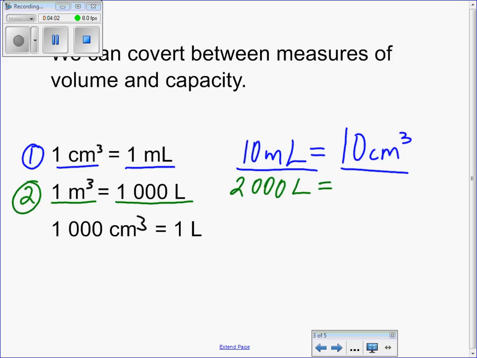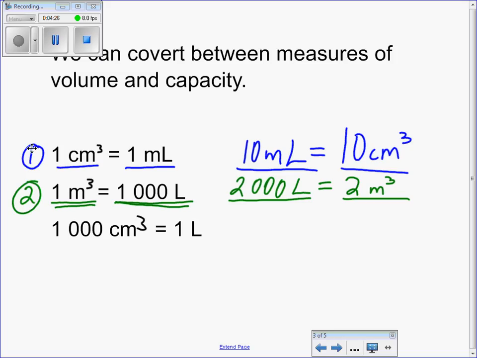I can also talk about that water in terms of volume and say that I have 2 cubic meters of water. Because if 1,000 liters twice is 2,000 liters, 1 cubic meter twice is 2 cubic meters.